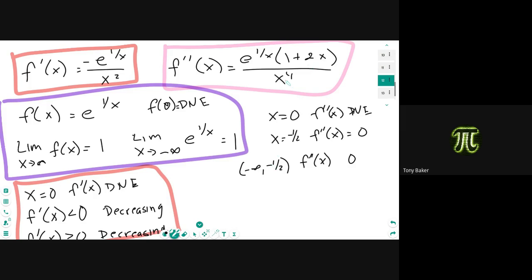That one will always be positive. So that means it's less than 0, so it's concave down. Negative 1/2 to 0.